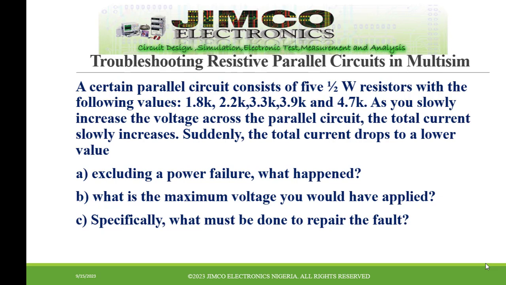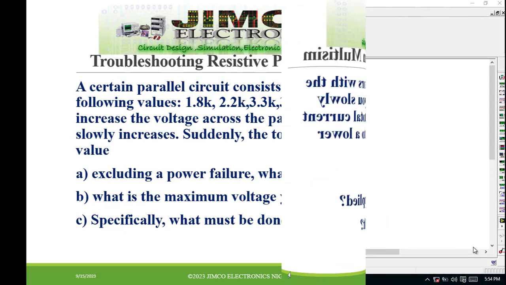A. Excluding a power failure, what happened? What is the maximum voltage that you should have applied? Specifically, what must be done to repair the fault? I love this. So we are going to demonstrate it in Multisim and see how we can answer these questions.